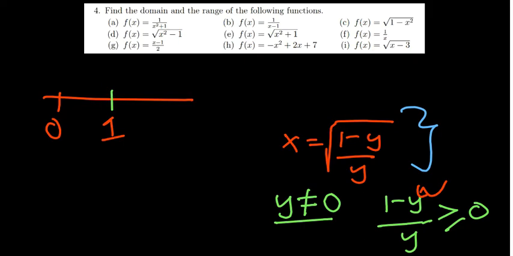So I'll try values greater than 1. Let's say 2. If I plug in a 2 there, 2 on top, I'll get a negative value. So this part doesn't qualify to be greater than or equal to 0.